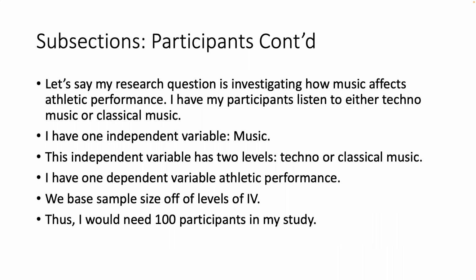So in this study, I have one independent variable, music, and it has two levels, techno or classical music. I have one dependent variable, and this is athletic performance. So we base the sample size off of the levels of the independent variable. So given that there are two levels or two cells, and I said earlier that you would need 50 participants per cell, in this study, you would need 100 participants.